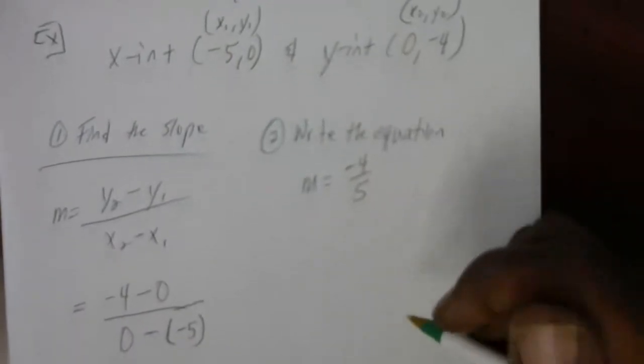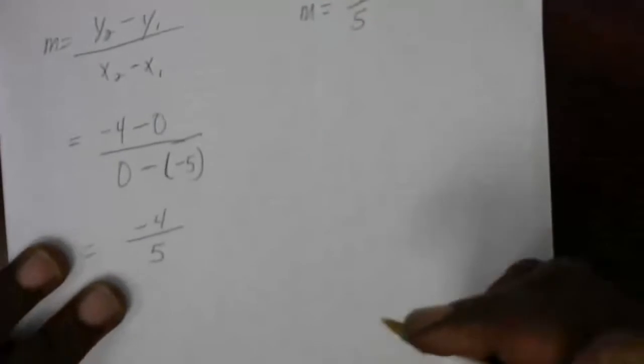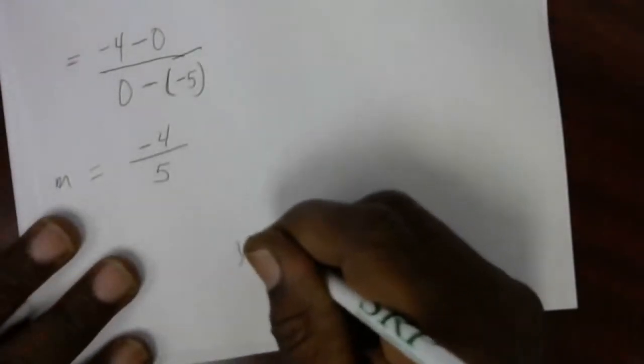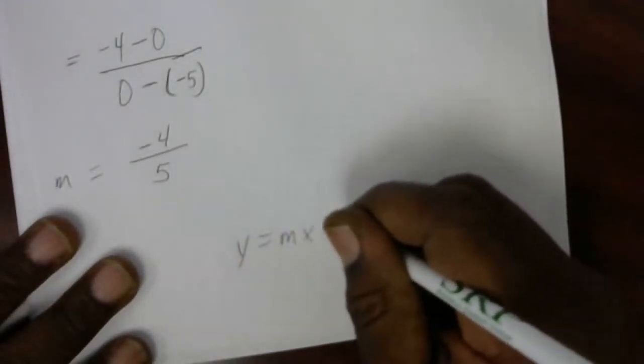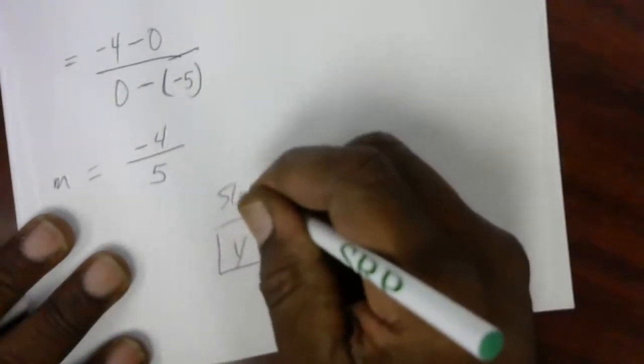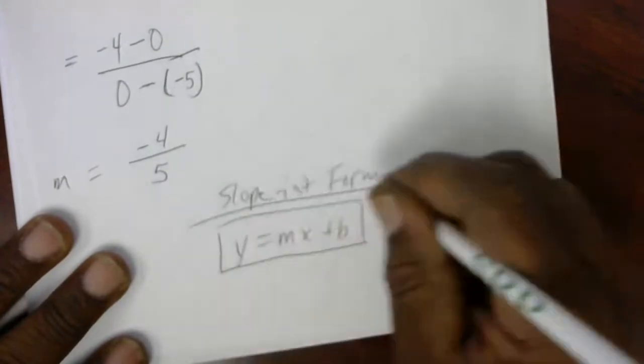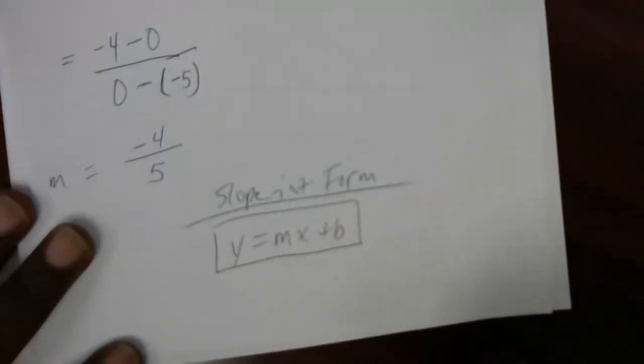But keep in mind when we talk about slope-intercept form, which is y is equal to mx plus b, in order to write the equation, you only need 2 pieces of information.